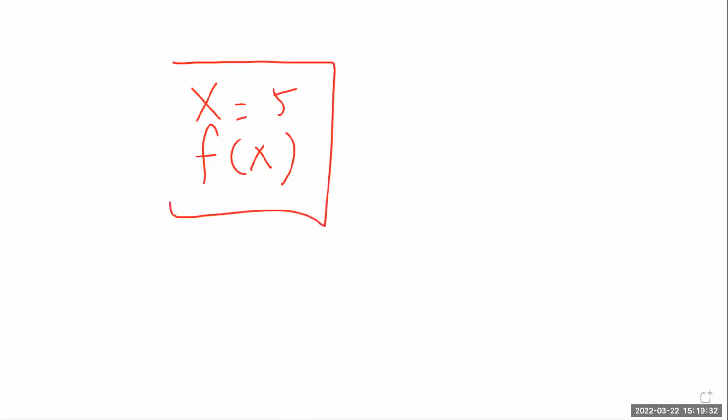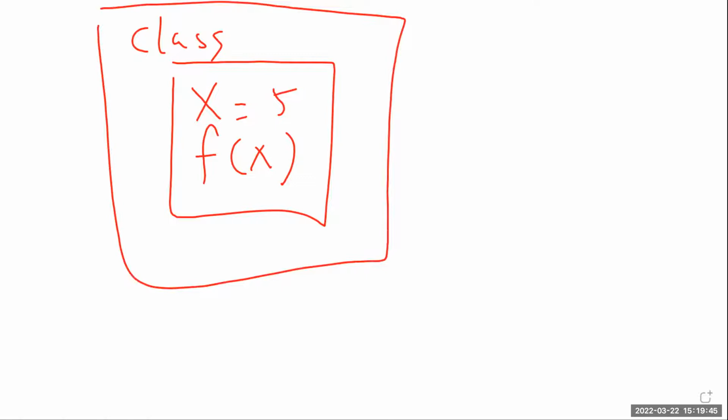So I'll clear this whiteboard. Say you have property, x is 5, okay, and then you have a function of x, and then inside this you put a box called class, right? So if you have several classes in one module, okay, we call this a module.